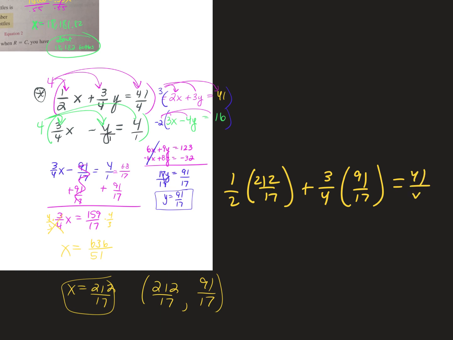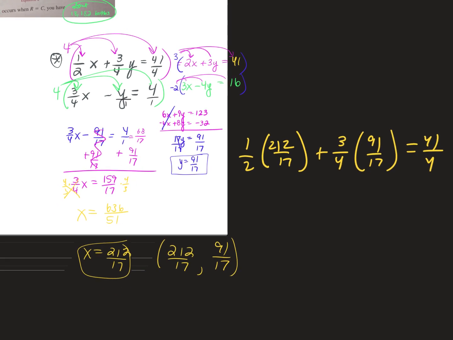Does that equal 41 over 4? So use your calculator, plug it in, check. Then you would say, okay, I have 3/4 times 212 over 17 minus 91 over 17. Does that give me 4?